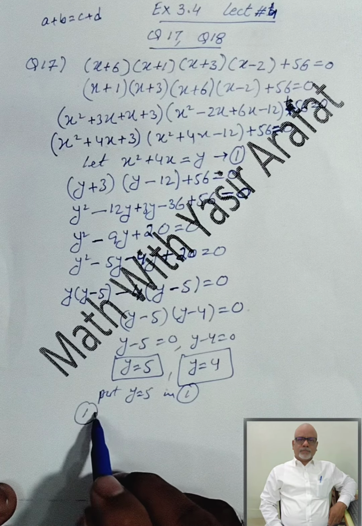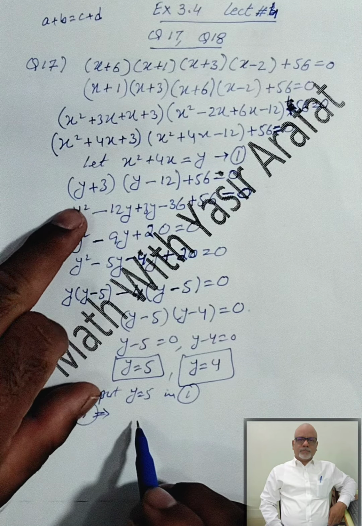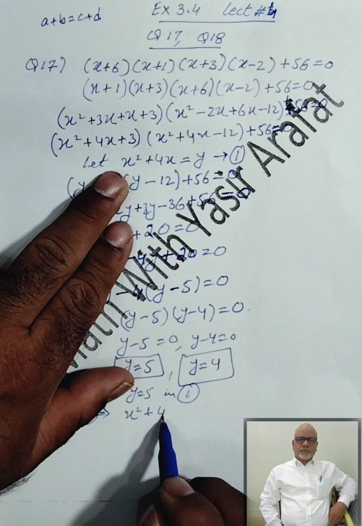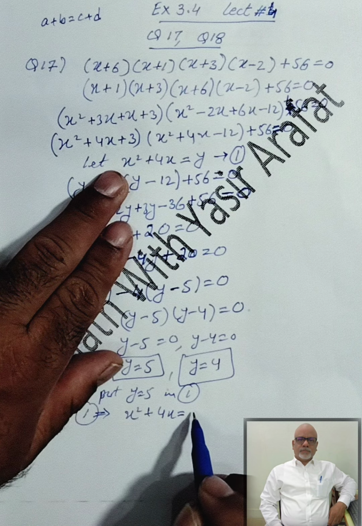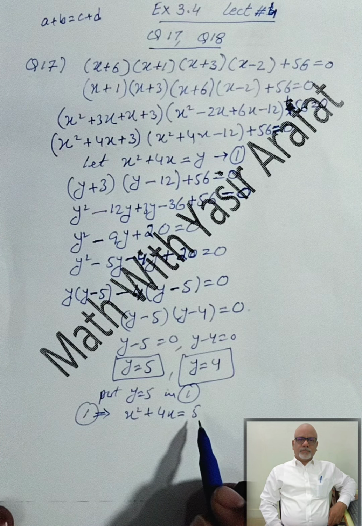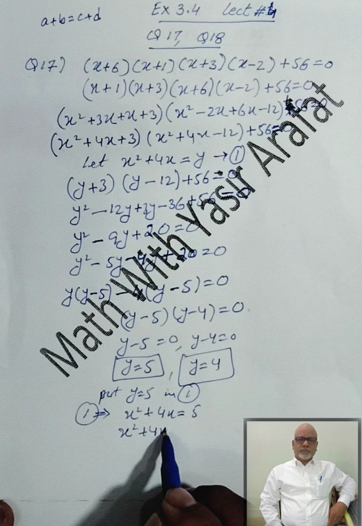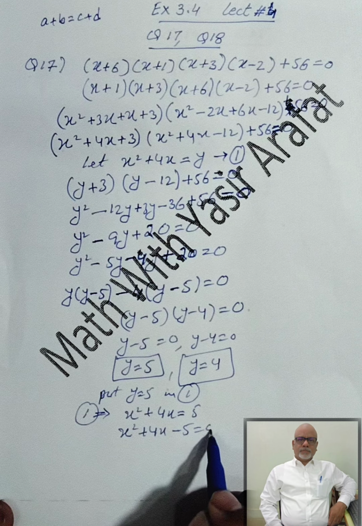Equation number 1 is x square plus 4x equals 5, so x square plus 4x minus 5 equal to 0.